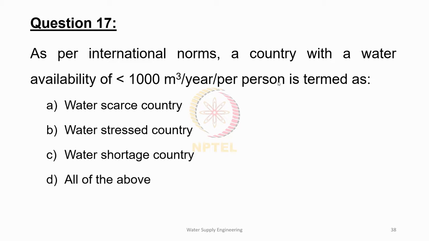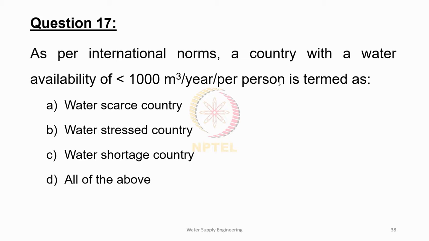Okay, so moving on to the next question, question number 17. As per international norms, a country with a water availability of less than 1000 meter cube per year per person is termed as option A, water scarce country; option B, water stressed country; option C, water shortage country; option D, all of the above.